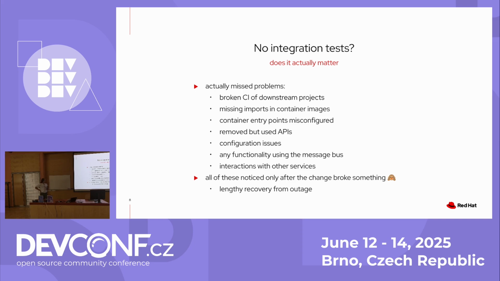You mess up APIs, or the configuration file format changed. You can't test the message bus functionality I talked about, so you just hope for the best. And any other interactions: whatever concerned interfaces between services had the potential to break, and it did break.